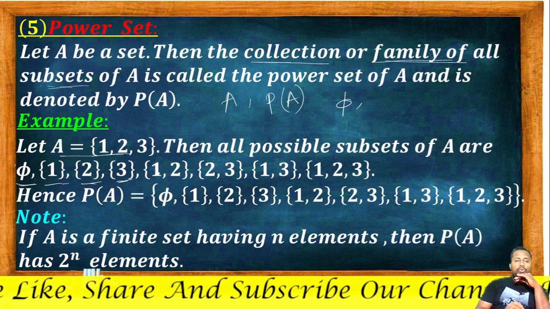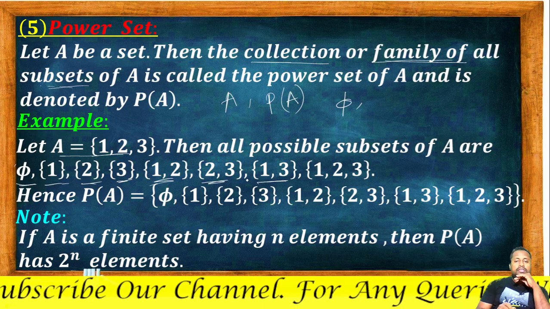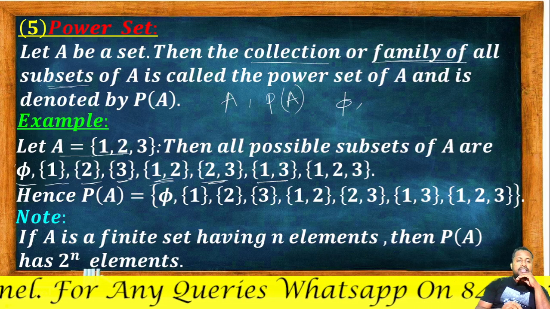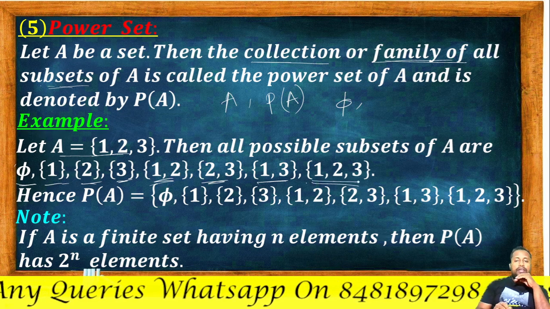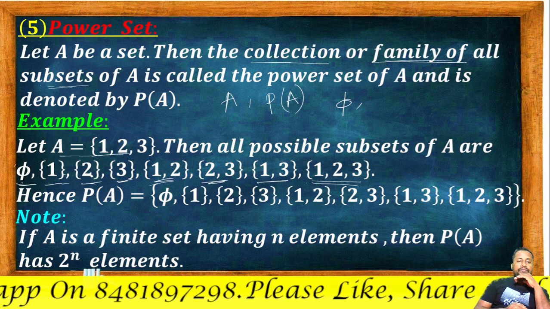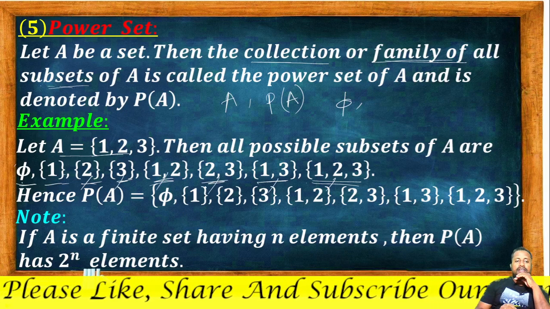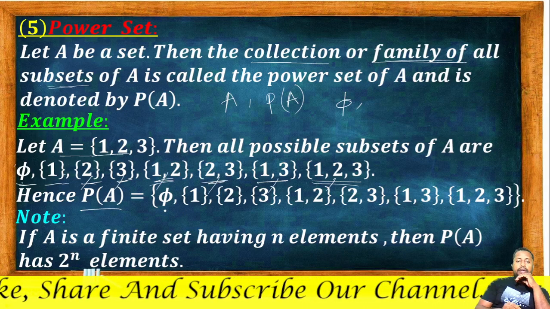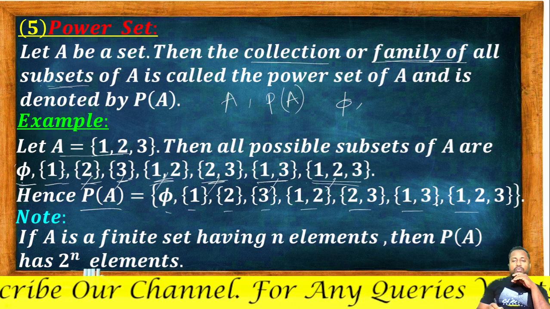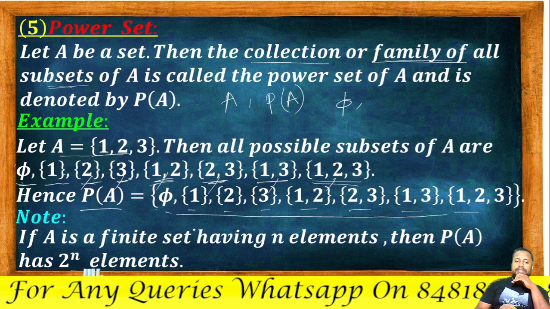Considering 2 elements at a time, that is {1,2}, {2,3} and {1,3}, we can form another 3 subsets. And considering the whole, that means {1,2,3}, we can form another set. That means we can form 8 subsets. So P(A) will be {∅, {1}, {2}, {3}, {1,2}, {2,3}, {1,3}, {1,2,3}}. So these are actually the family of subsets.